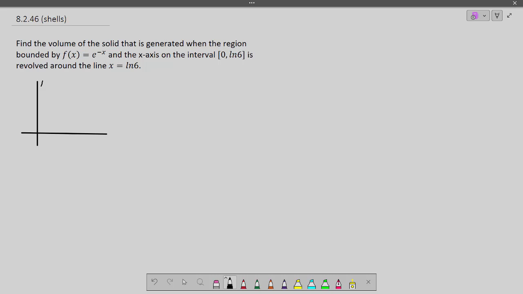So you want to draw a vertical element at a random x, and this is a shell. Right? If you have to draw your element vertically and your axis is parallel to it, that's going to create a cylinder. If your axis and your representative element are parallel, that means a cylinder. That means a shell. So we have no choice. We've got to do it as a cylinder, as a cylindrical shell method.